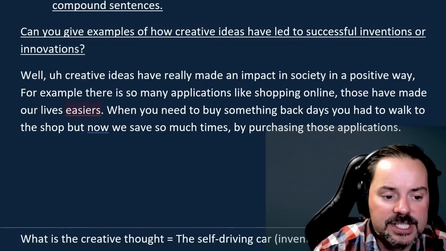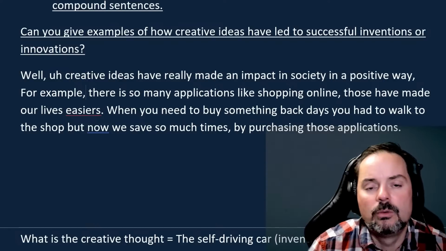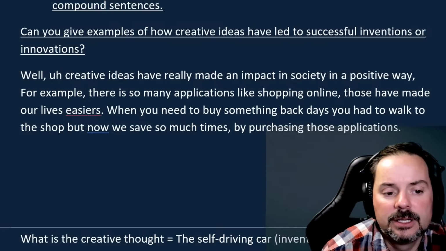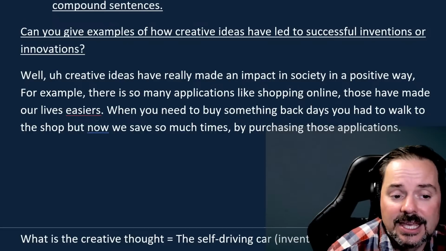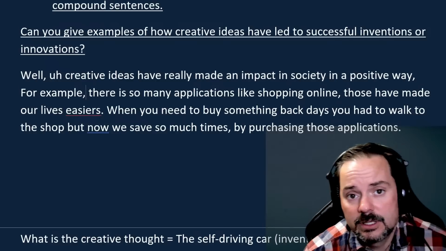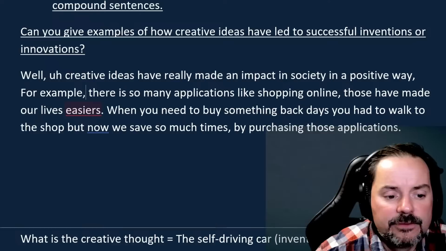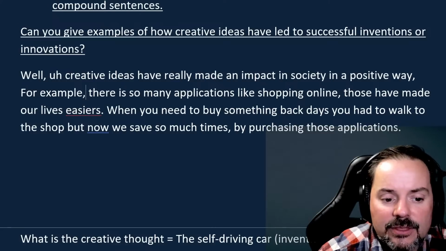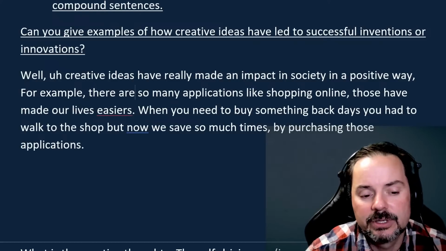And then you said, for example. Usually in IELTS speaking, you don't want to say for example, but in this case, it's good because the examiner is asking you, can you give examples? So yeah, say for example or for instance, of course. So you said, for example, there is so many. There are so many. You have to be careful with your auxiliary verbs, right?